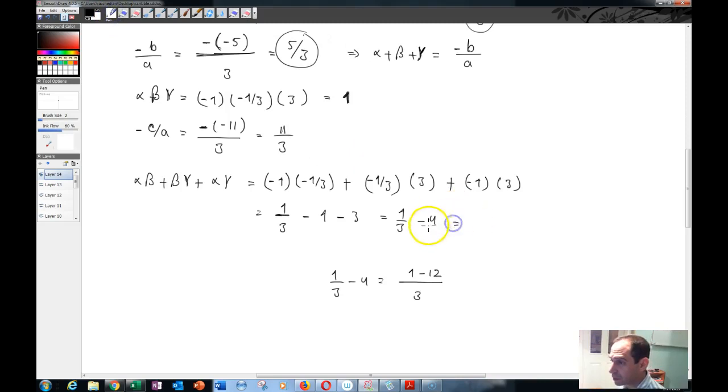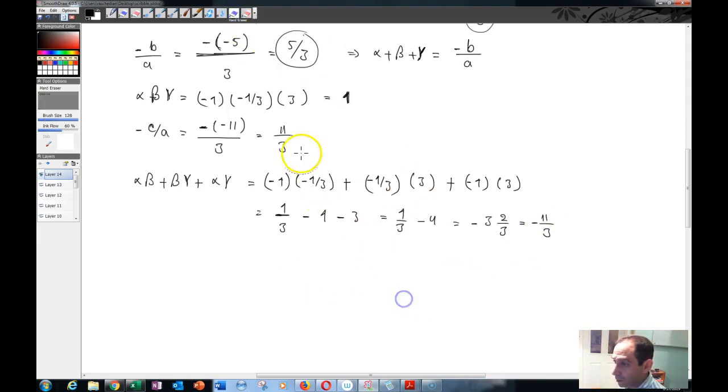This is 4 minus 1/3 is equal to 3 and 2/3, so minus 3 and 2/3, which is equal to 9 minus 11/3. So that's equal to -12 plus 1 is equal to -11/3, which is right. Okay. So that's equal to -11/3.